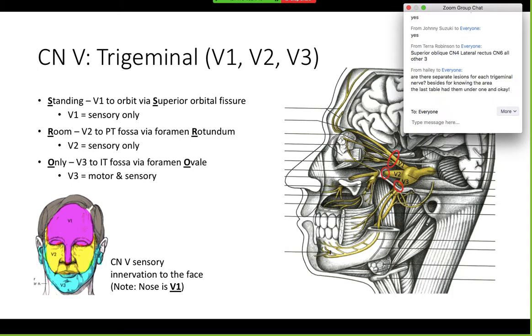So yeah, we'll get there. Okay, so you want to know that V1 passes through the superior orbital fissure, V2 is through the foramen rotundum, and then V3 is through the foramen ovale.